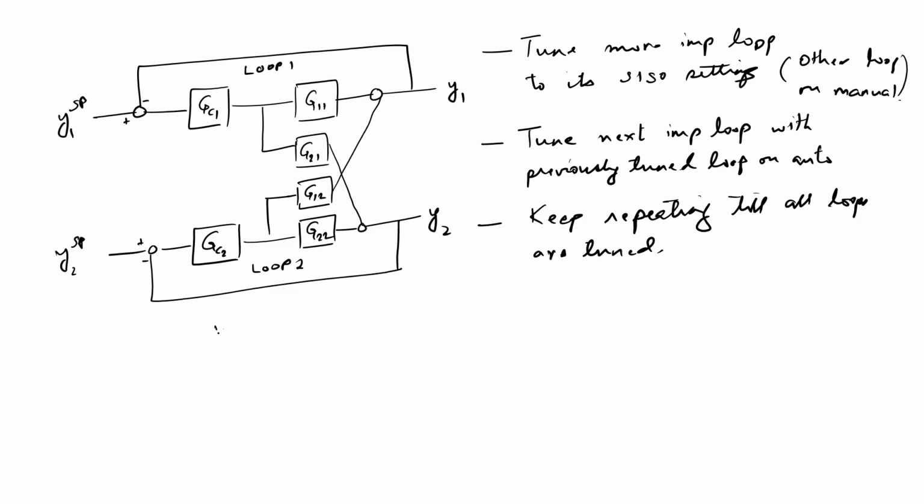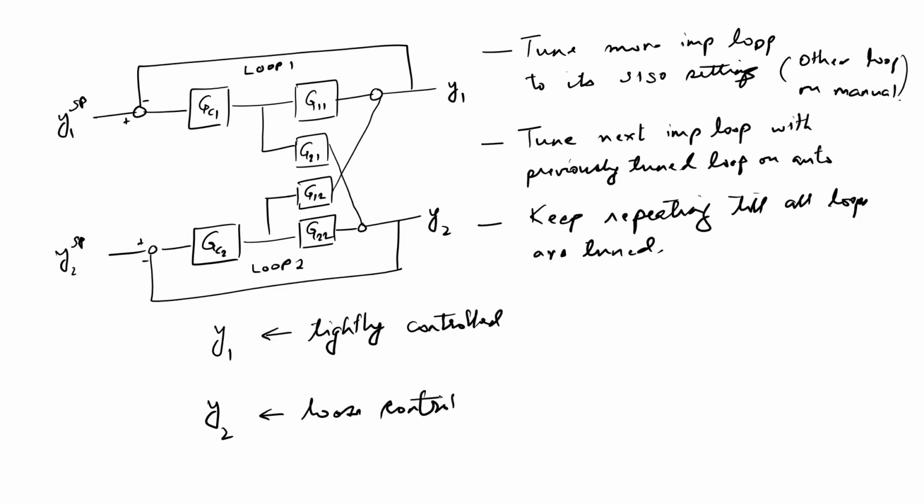So thus, if y1 is more important to control than y2, you get very tight control of y1, and you get loose control of y2.